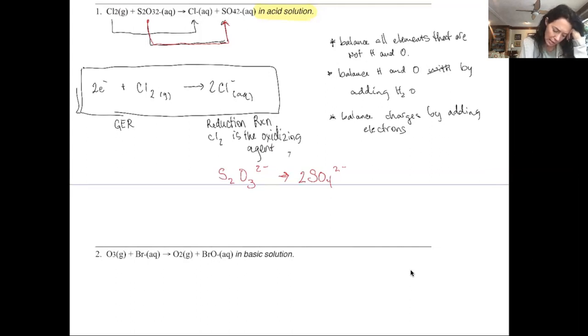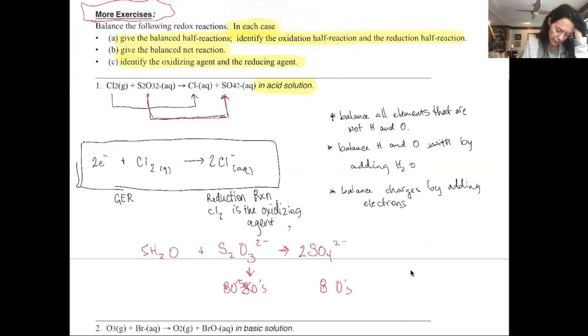Balance H and O by adding waters. Okay, well, what I notice here is I have 3 O's, and over here I have 8 O's. Each water has 1 O. I need 5 more O's, so I will add 5 waters over here, and we now have 8 O's. So those are balanced, all right?